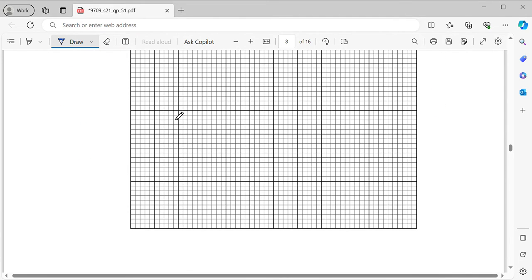So by looking at this graph, I will let this be 20. This is 20. Here 40, 60, 80, 100. Then this is going to be time.